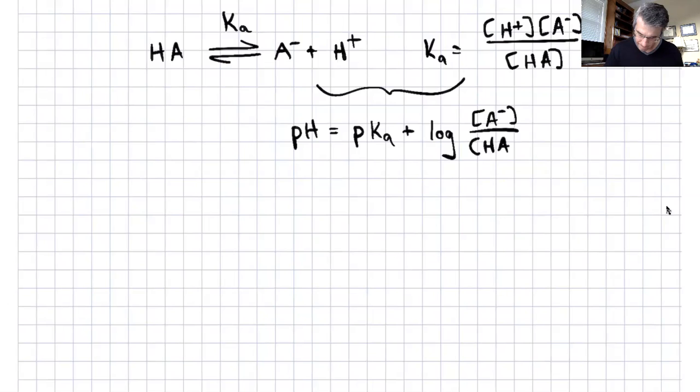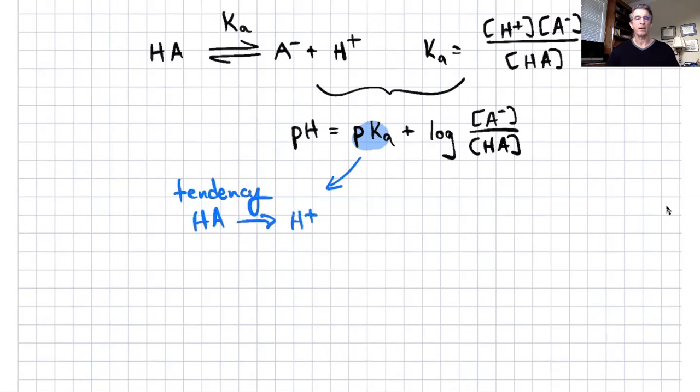Okay. And so the important analogy here is the pKa in this Henderson-Hasselbalch equation. If you think about it, the pK gives you some idea of the tendency of that acid to give up a proton, or of a base to take up a proton. The lower the pK, the stronger an acid it's going to be.